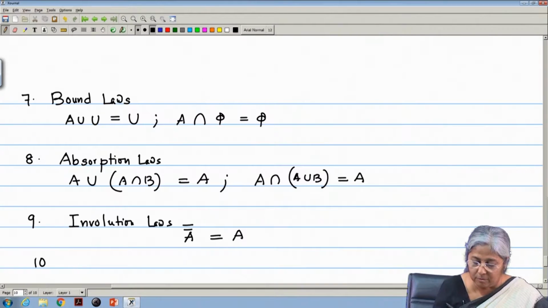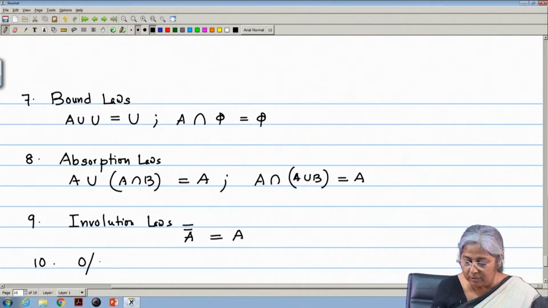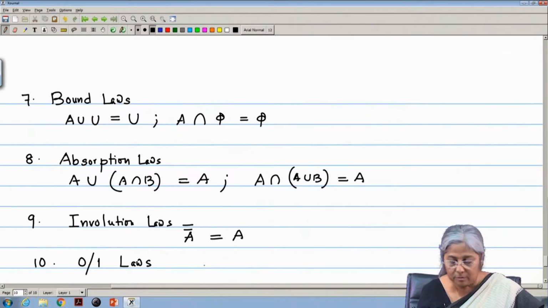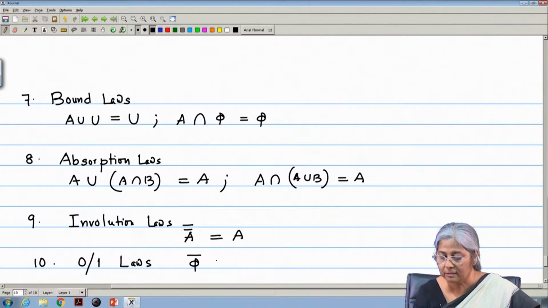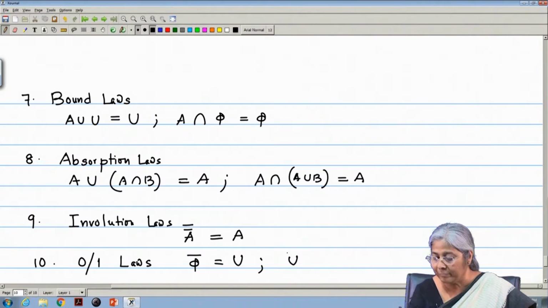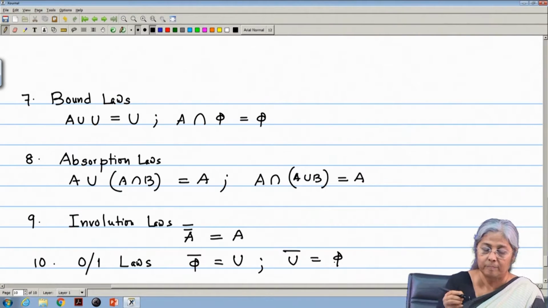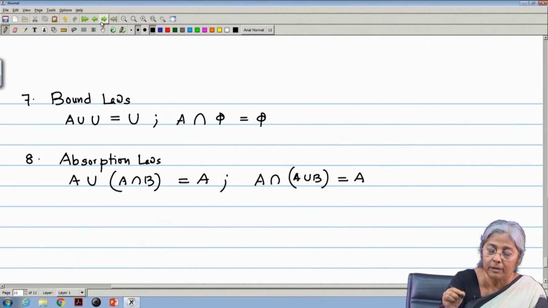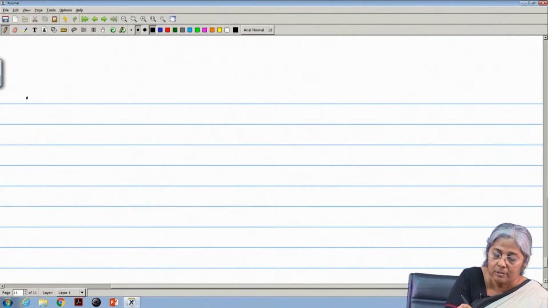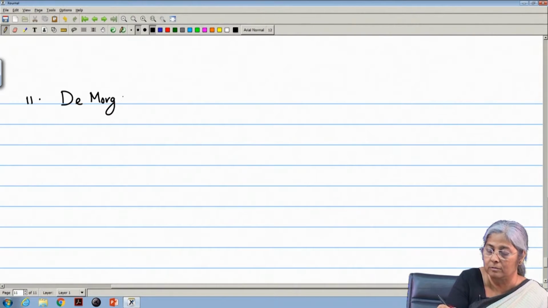Then we have what we call the 0-1 laws, that means if I take the complement of my null set, that is nothing but my universal set, and if I take the complement of the universal set, it is my empty set or null set. I have another law left, which is our well known De Morgan's law on sets.